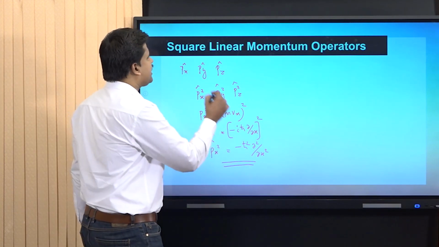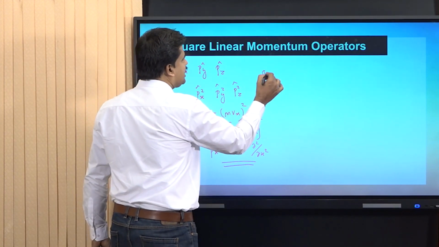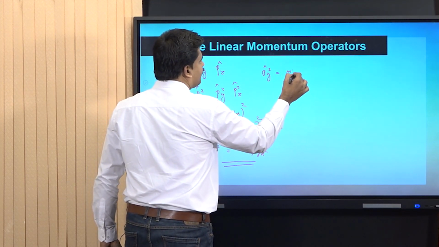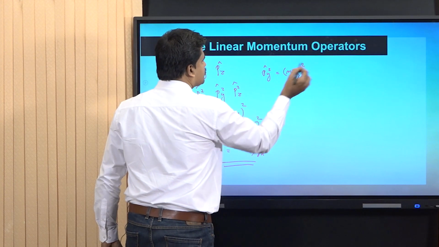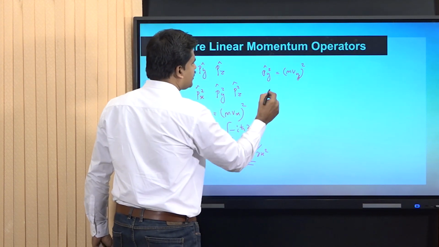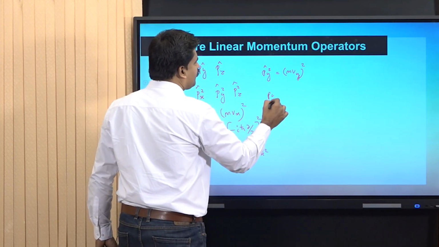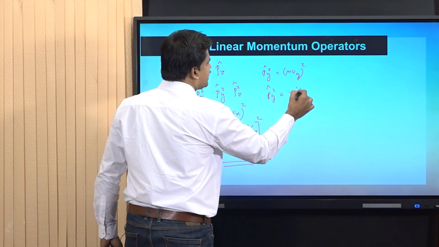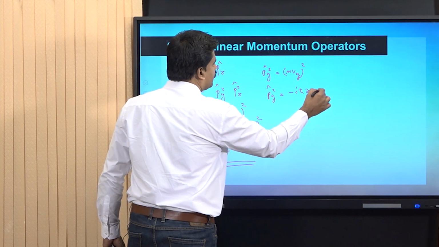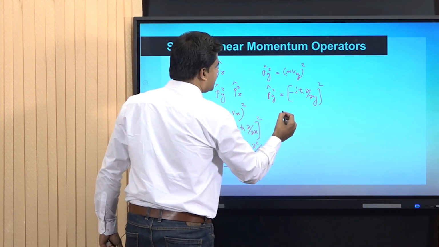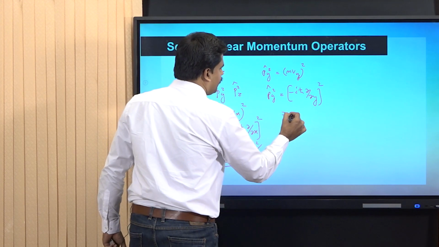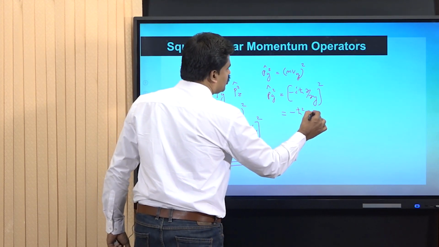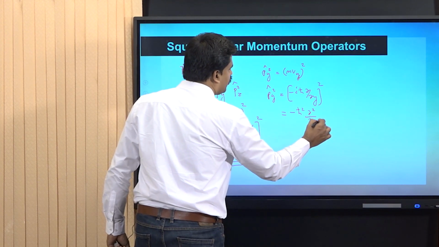Similarly, we can also derive Py square hat, that is equal to mvy the whole square. To get Py square hat, mvy should be replaced as minus iħ dou by dou y the whole square. This leads to the result minus ħ square into dou square by dou y square.